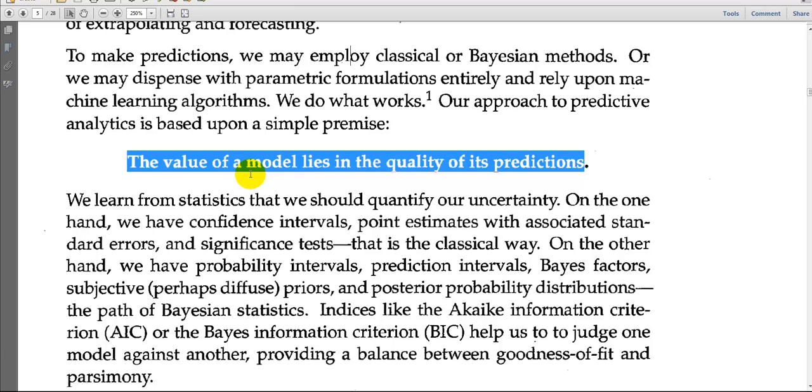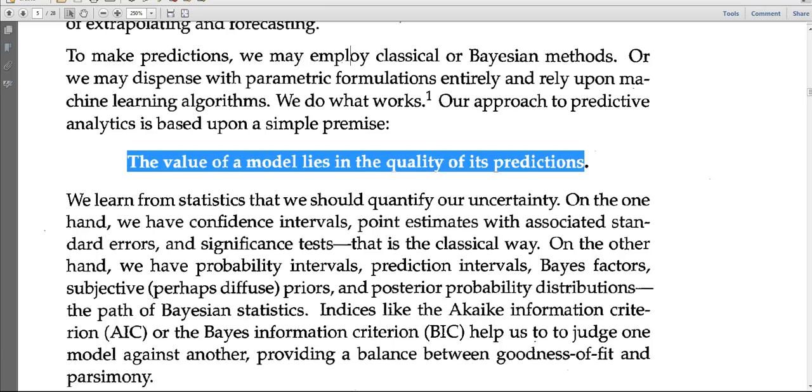But in predictive analytics, we say, how good is our model? It's how well it predicts. It's not based on how well it reflects the underlying features or underlying theory of what's going on. It's just how well it predicts.